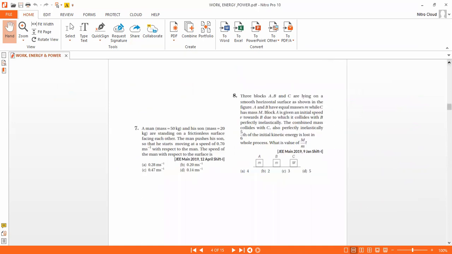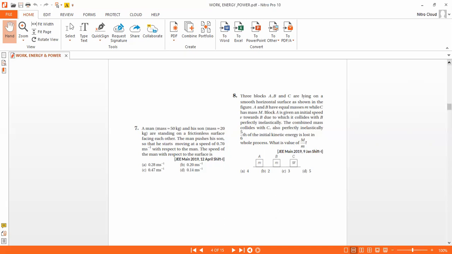Next one. Three blocks A, B, and C are lying on a smooth horizontal surface as shown in the diagram. A and B have equal masses, while C has a mass capital M. Block A is given an initial speed V towards B, due to which it collides with B perfectly inelastically.